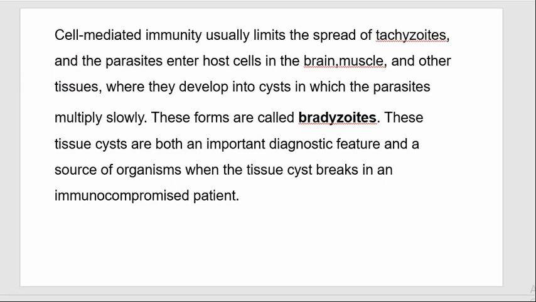Cell-mediated immunity usually limits the spread of the tachyzoites, and the parasites enter host cells in the brain, muscle and other tissue, where they develop into cysts in which the parasites multiply slowly. These forms are called bradyzoites. إذا التاكيزويد راح يتواجد داخل الإنتستاين في بداية تحرر الطفيلي، بينما البراديزويد اللي هو slowly multiplication راح نشوفه موجود بالتشو of the organs، يعني بالبرين بالمصل بالسكين.